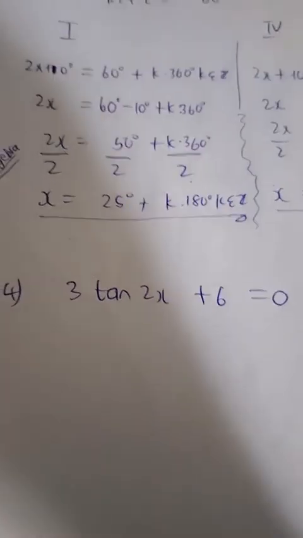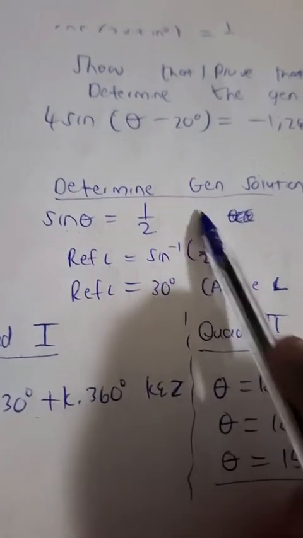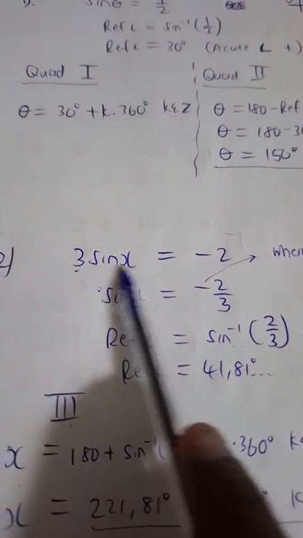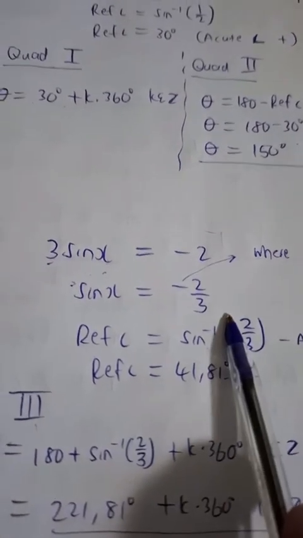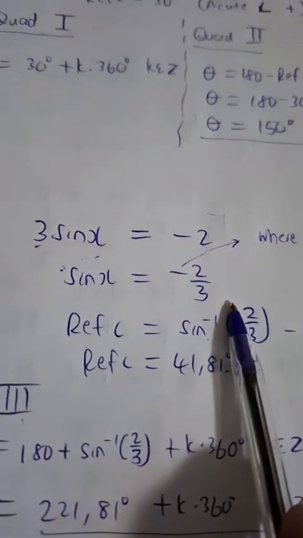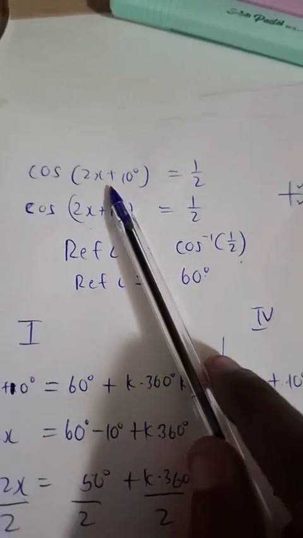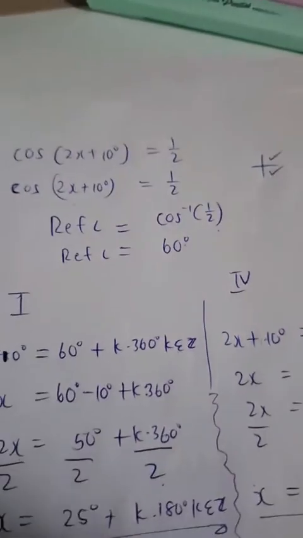I'm sure you can see that I've built up from the most simple one, an isolated trig ratio with a positive ratio, a single trig ratio which eventually leads to a negative, then a compound angle with a single trig ratio.